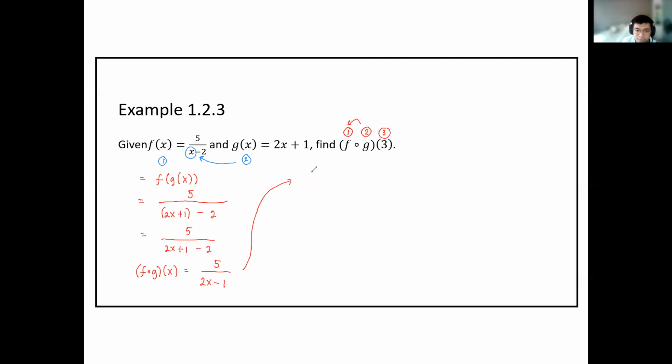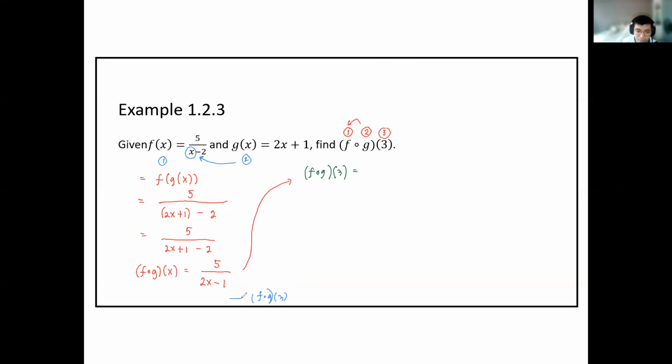So this time we're going to plug in f of g of 3. Again, we're going to plug in 3 to this. So f of g of 3.